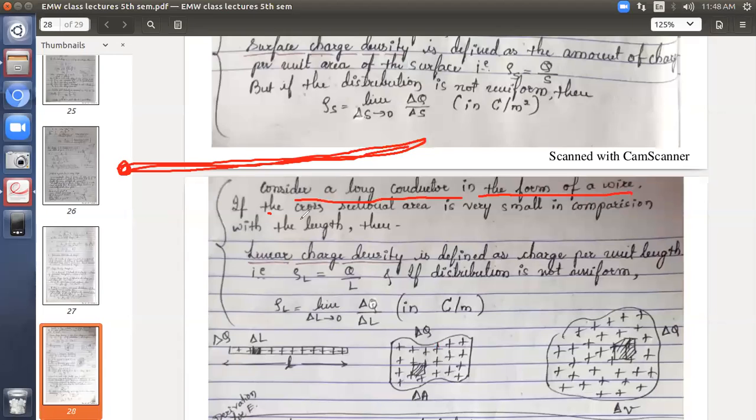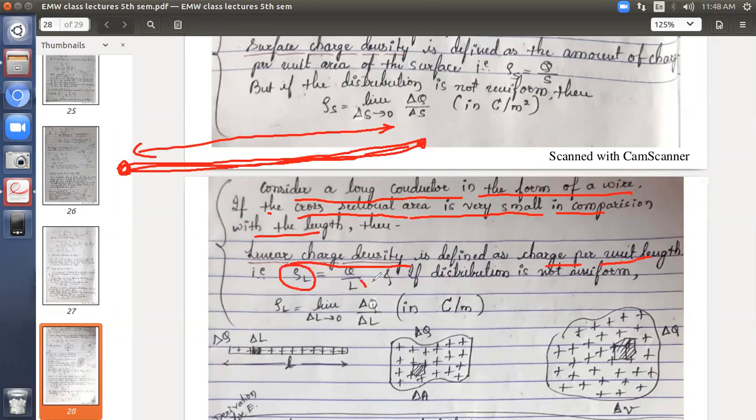The area of cross section, the thickness, is very small in comparison with the length. Then linear charge density is the charge per unit length. Rho L is equal to Q by L, where L is the length of the wire.